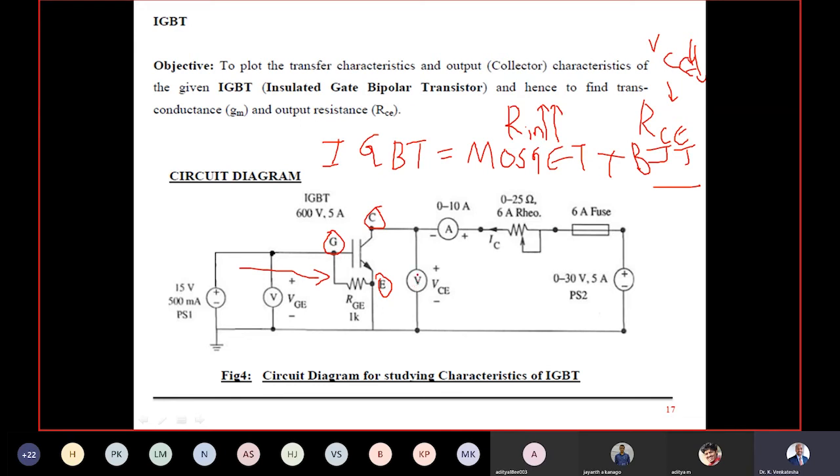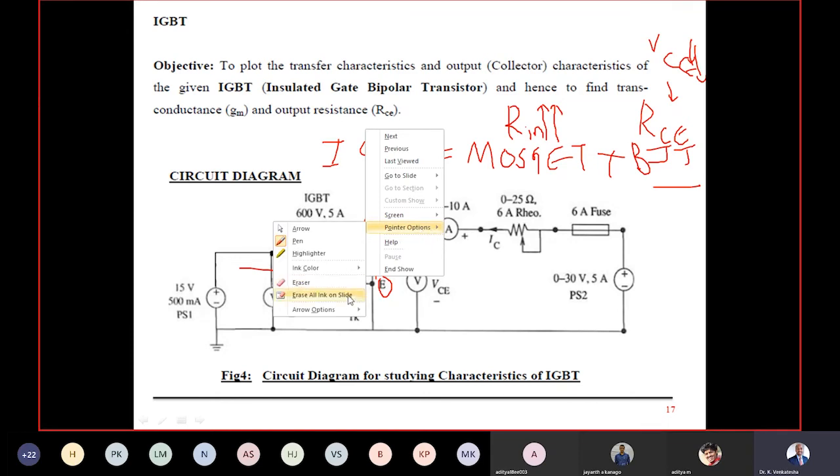That is why we have hybrid terminals: the gate terminal of the MOSFET, and collector and emitter terminals of the BJT. We have taken the advantage of the MOSFET as high input impedance, and the advantage of the BJT as low on-state voltage drops, low on-state losses. We have taken those two advantages into consideration, and then we were able to design the IGBT.